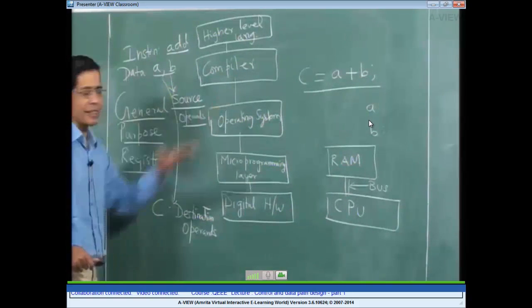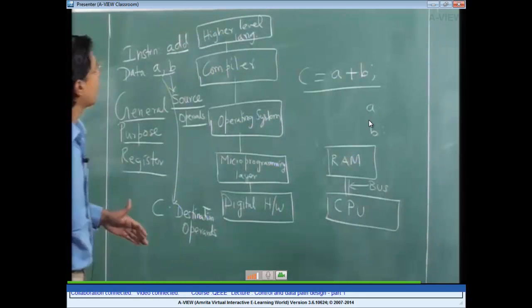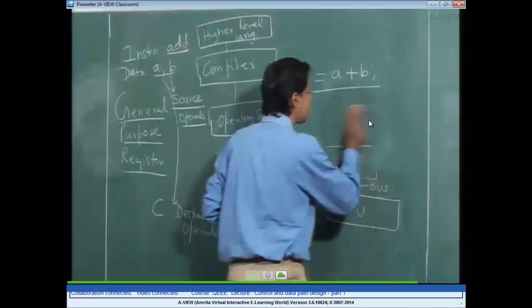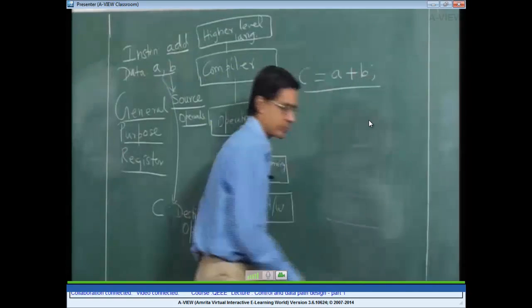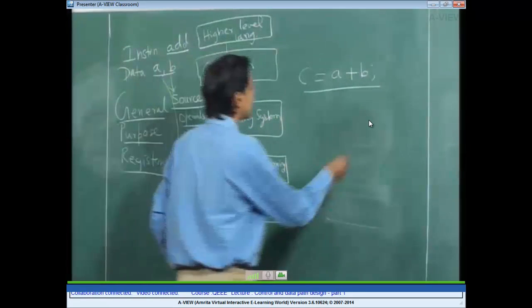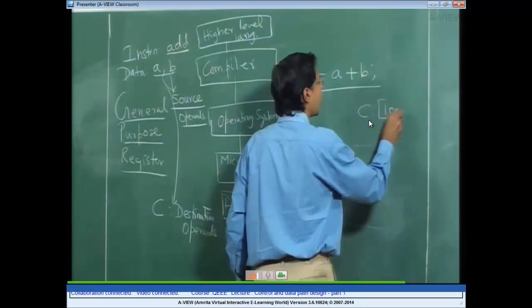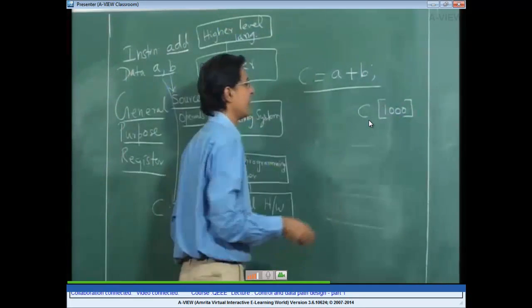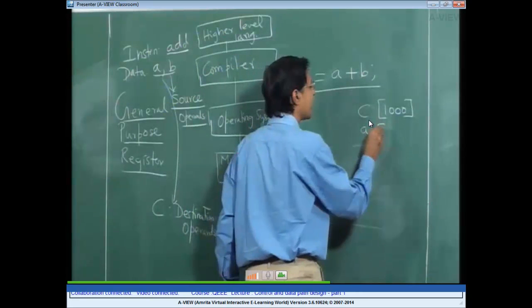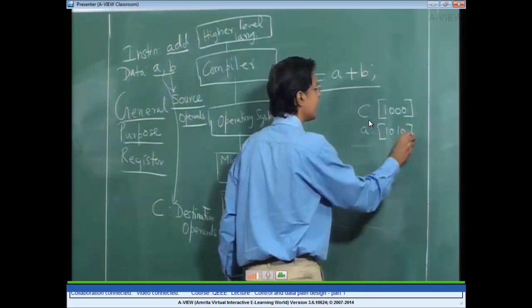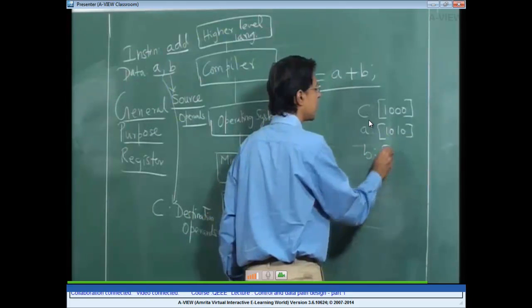So a simple program for executing C equal to A plus B would be as follows. Let us assume C is stored in, say, location 1000 in the memory. A is stored in location, say, 1010. B is stored in, say, location 1020.